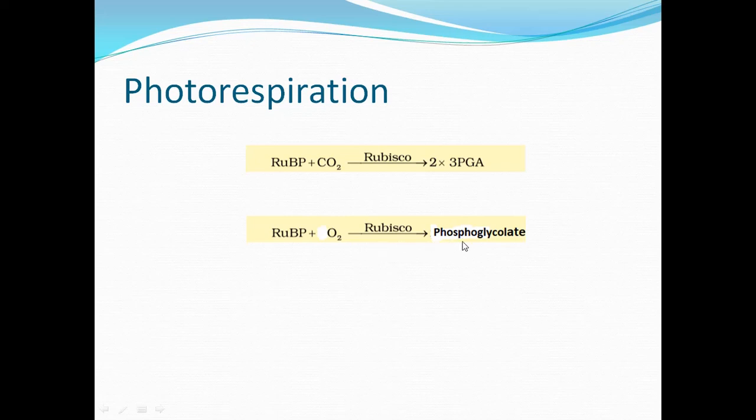This reaction does not produce any carbohydrate, but also makes use of ATP, so it is a wasteful process. Photorespiration is absent in C4 plants. This is possible because C4 plants have a mechanism to increase carbon dioxide concentration. This increase in carbon dioxide concentration makes Rubisco develop more affinity towards carbon dioxide, avoiding its binding with oxygen.